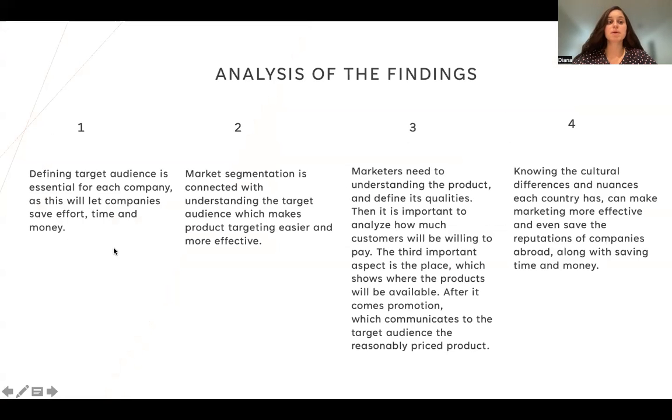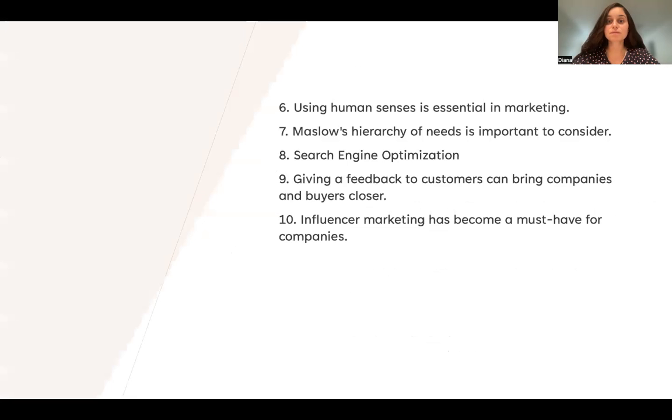This is important because it helps the company save effort and time as well as money. And along with market segmentation, you can have a look at the first and second points. It helps understand the target audience, and it also makes targeting the product much easier and more effective.